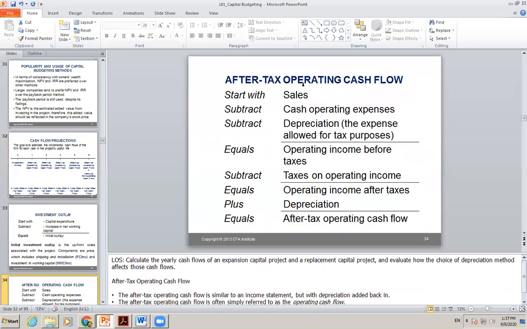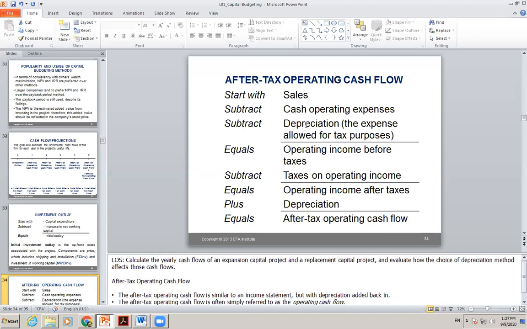Here we go. Sales, it's an income statement, or it's a profit and loss account. So sales minus cash operating cost of goods sold or cash operating expenses, minus depreciation. Depreciation here, we're going to be going through straight-line depreciation and the modified accelerated cost recovery system depreciation.